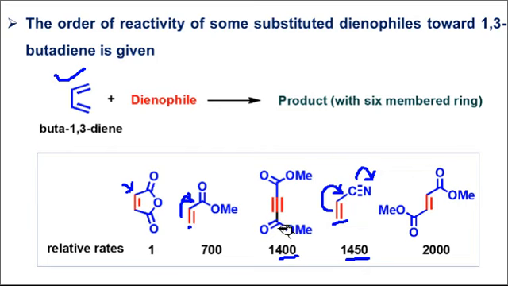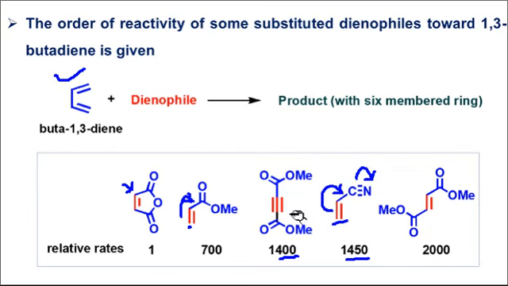This is a DMAD system, the dimethyl acetylenedicarboxylate derivative. In this case, two acceptors are also present, but again the rate difference between this DMAD and this dimethyl fumarate is very high because of the difference in the nucleophilicity of this pi system.